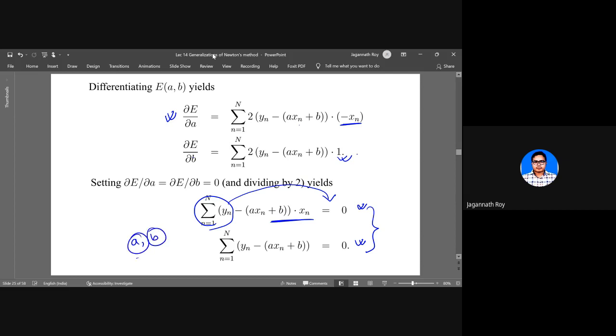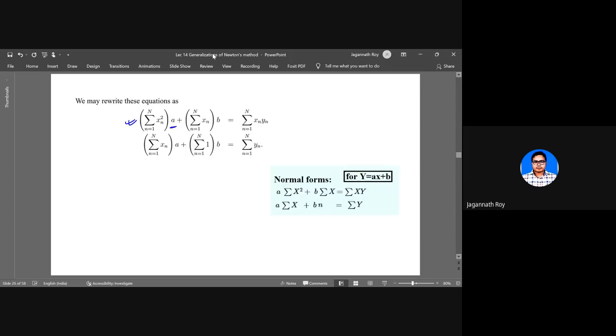These are unknown variables and the other values, xn and yn, are given. So we can produce equations.